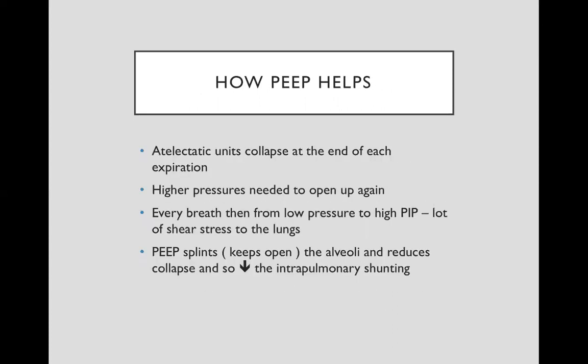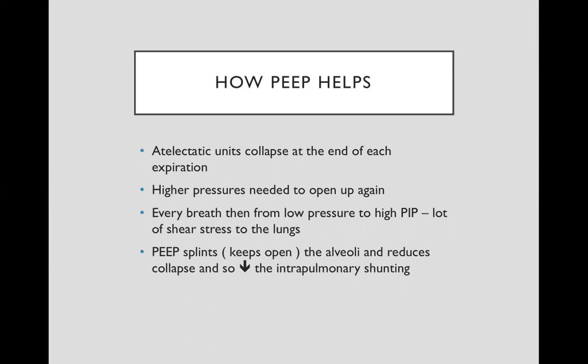PEEP helps because the lung has a tendency to atelectasis and the atelectatic units collapse at the end of each expiration. So at the start of inspiration, these units need to be opened up again. To open up a unit which is completely collapsed requires higher pressure. So every breath then goes from a low pressure to a high PIP and causes a lot of shear stress to the lung.